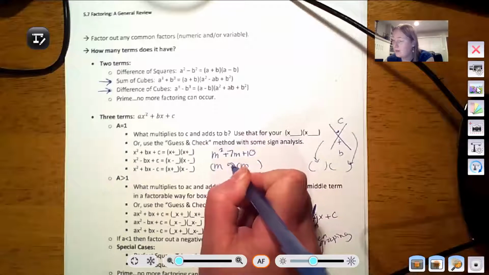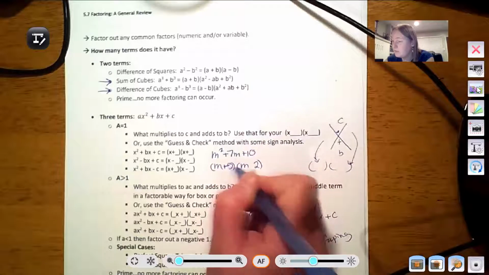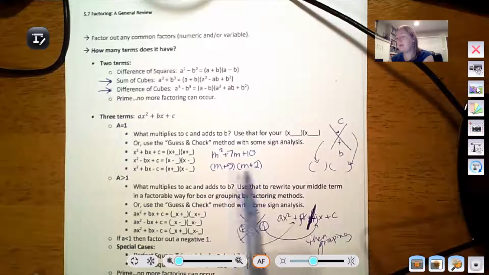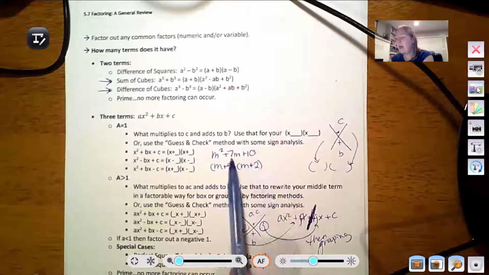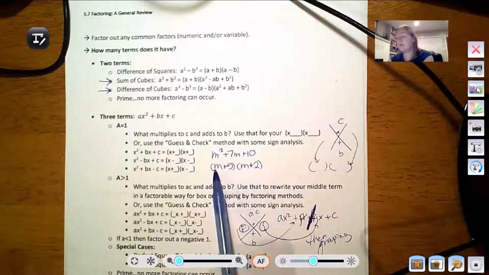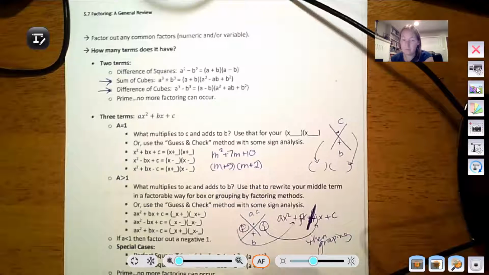And so that would be 5 and 2. So it needs to multiply to the 10 because of the L part of FOIL. It needs to add to 7 because of the O and I of FOIL. And then, of course, your F of FOIL is why there's the m's there for the m squared.